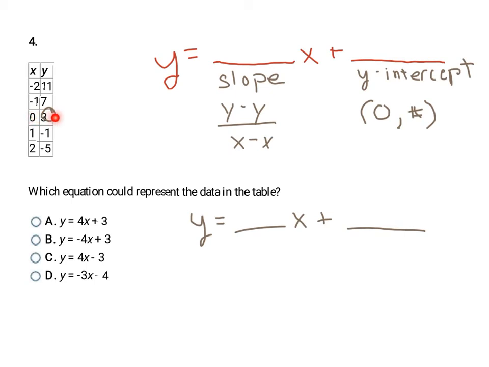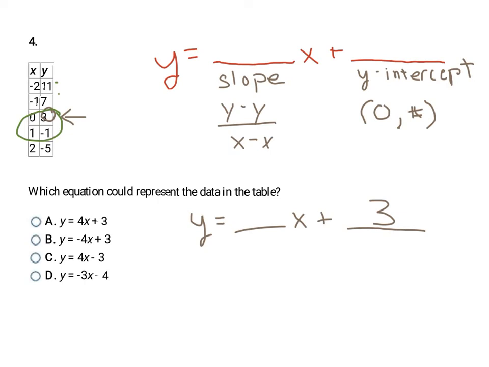And beside it is the 3. And so that y number of 3 is going to be my y-intercept number. And then the slope number, I'm going to have to pick 2 of them. And you could pick any two lines. Some people like to pick the first and second one. I like to just look for easier numbers to work with, so I'm going to pick those two lines.